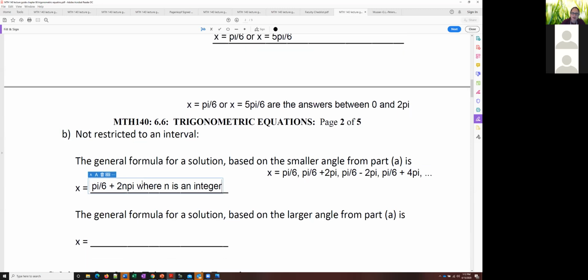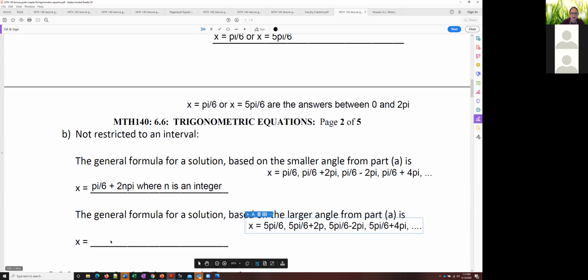Okay, and then we have our other solution. Our other solution was x equals 5 pi over 6, but we could also do 5 pi over 6 plus 2 pi, or 5 pi over 6 minus 2 pi, or 5 pi over 6 plus 4 pi, or 5 pi over 6 minus 4 pi.